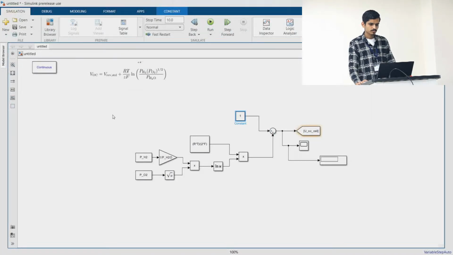Just now I shared a PDF in the group, so that is what this document is about. You can follow the equations from there. You put side by side.